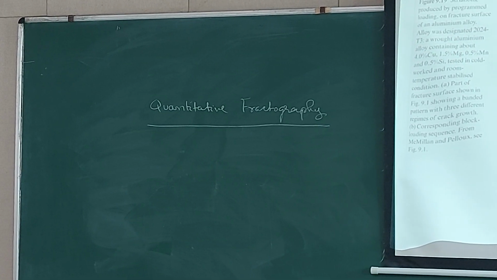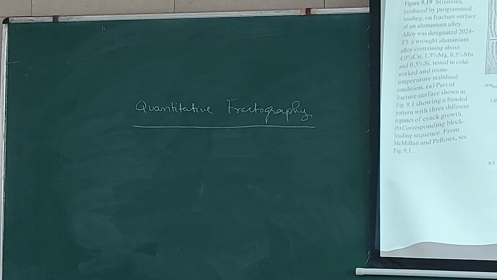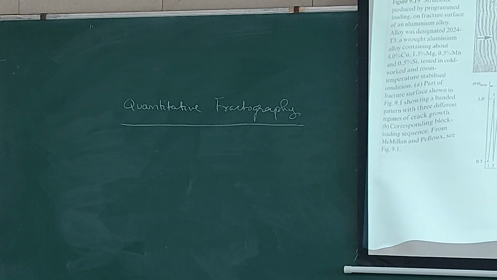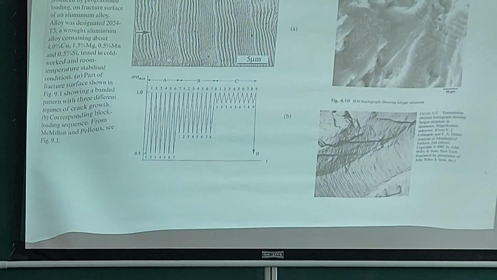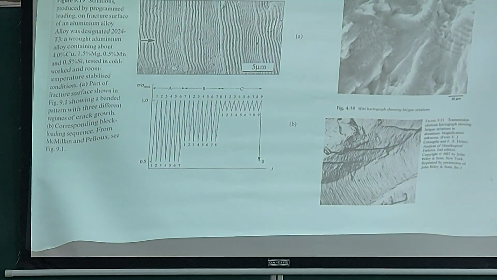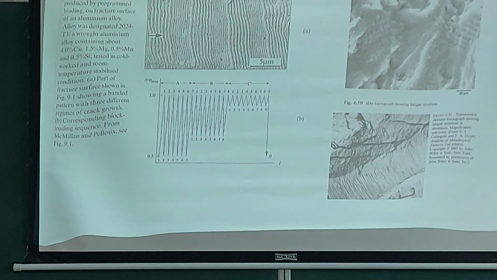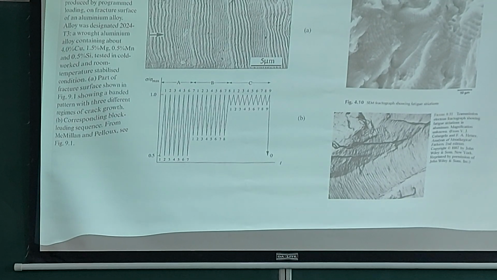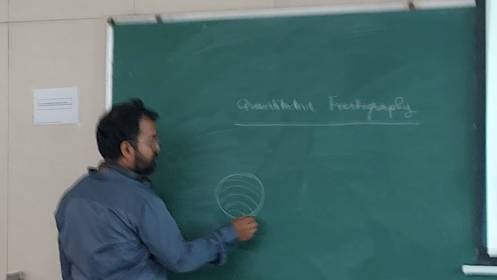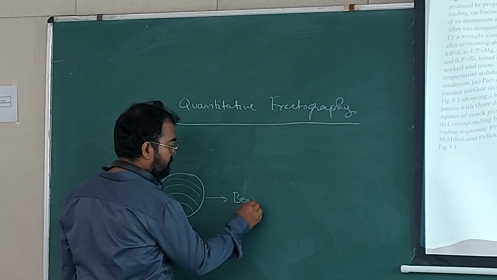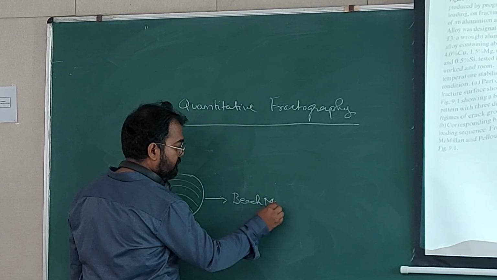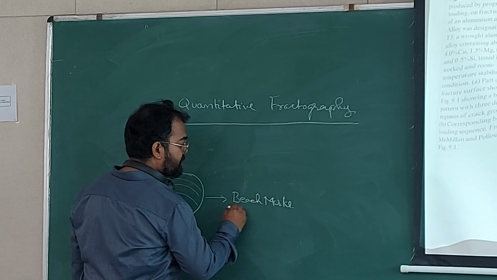In fatigue, you have a very strong signature from fractography, but these you will see under scanning electron microscope. When you look at optical microscope, then also you see certain signatures on a sample which look like this. Okay, and these are called beach marks. These are not striations.